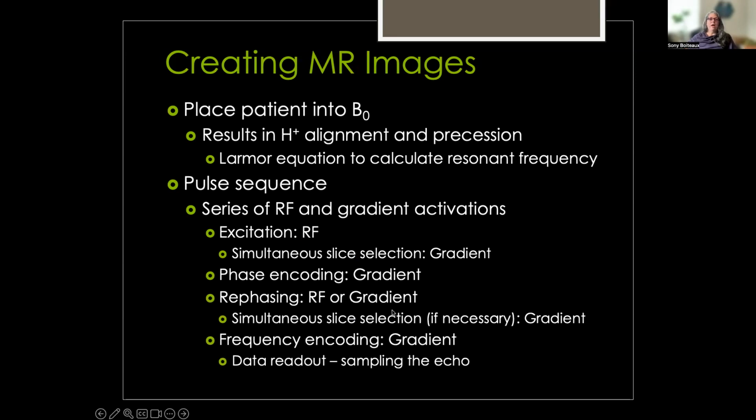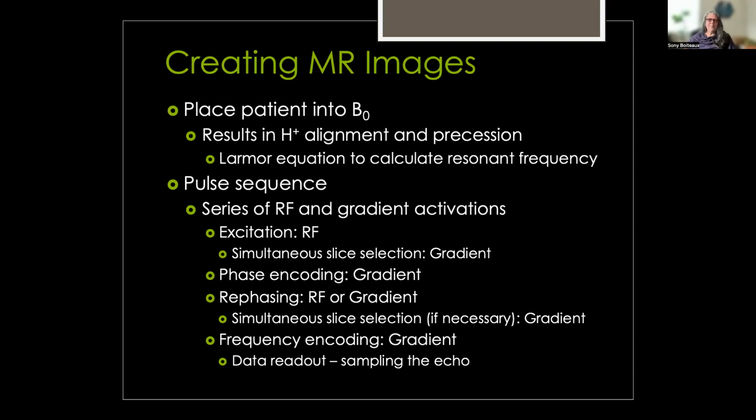So we're activating the computer system once we have set up our sequence with all of the parameters, the extrinsic parameters that we'll take a look at in a moment. Once we've got those all set up, the system knows when to activate the radio frequencies and when to activate the gradients to perform various tasks that we need to get a signal that can be sampled and create the MR image.